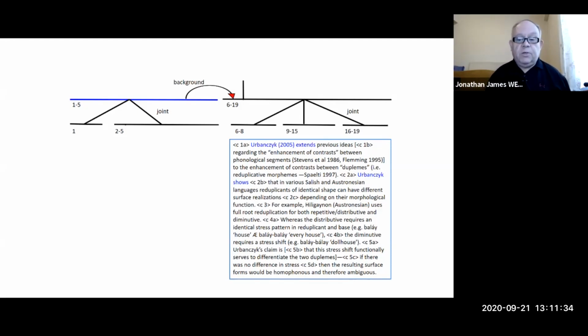There's sort of a symmetry here. Urbanchik 2005 in 1 extends. Urbanchik in the second sentence, Urbanchik shows, and then you start to say what Urbanchik shows. That's in 2 through 5. But you notice the symmetry: Urbanchik here, Urbanchik in 2, and then it proceeds down and talks about what Urbanchik was saying.